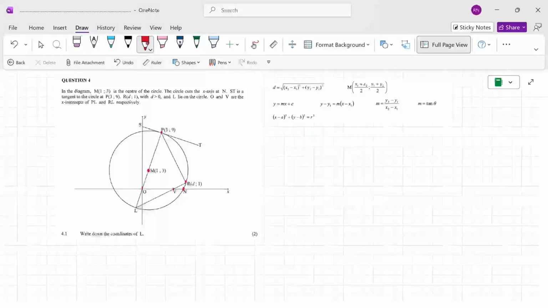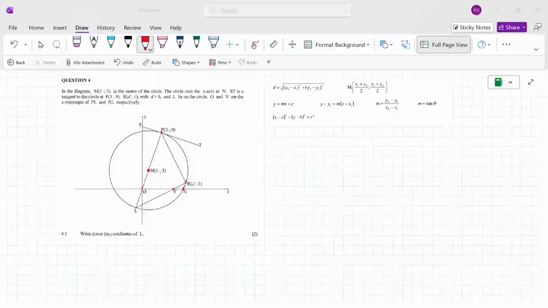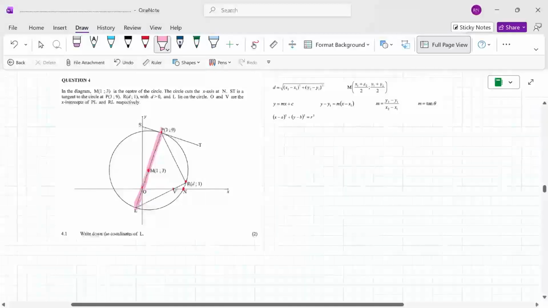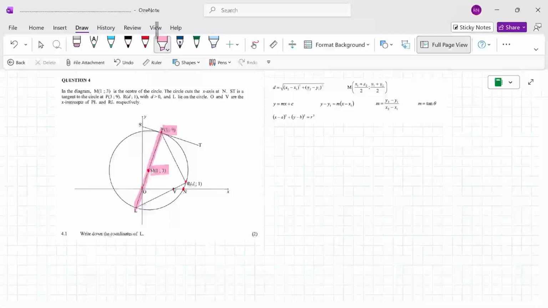Right. So in this diagram that we've been given, we have a line PL and we're given its midpoint, right? So we're given P and the midpoint of PL, and we're going to use that to find our L. So what does our midpoint formula say?